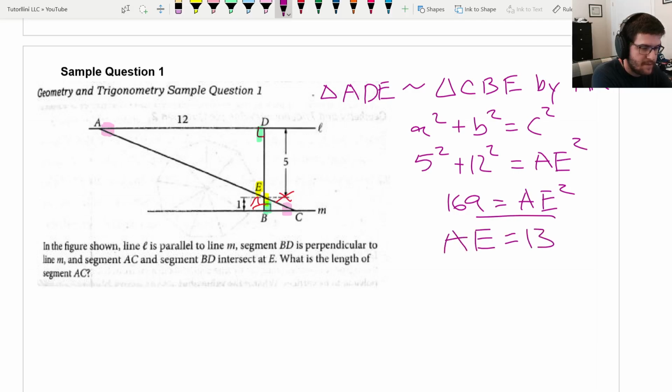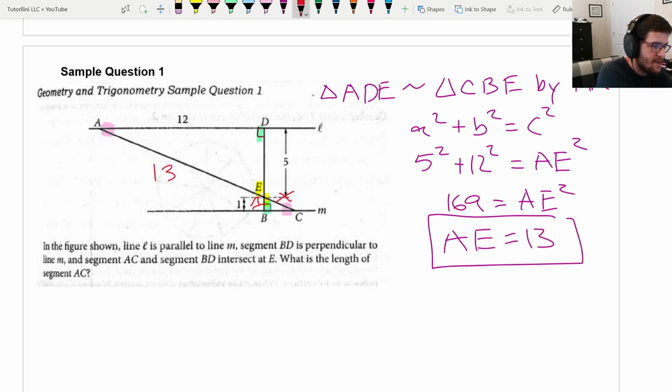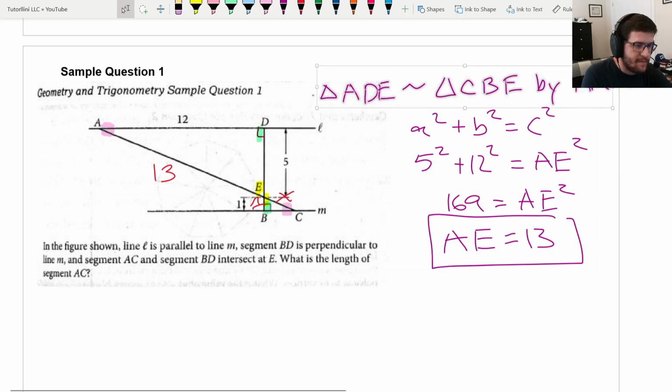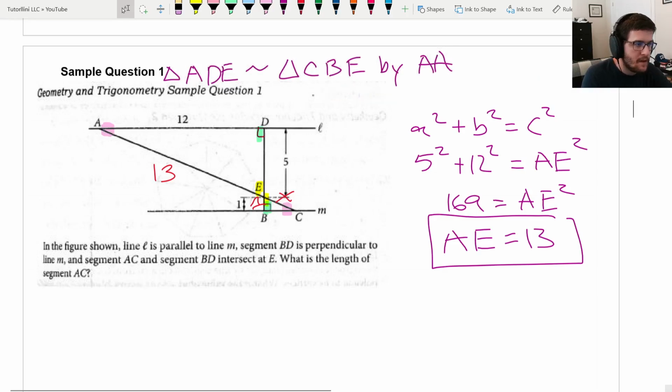So that's important. And let's put that on the picture. So this side is 13. Now, we've shown that they're similar using the angle criterion. I'll put that over here so you guys can see. But we now need to know what two triangles being similar tells us.